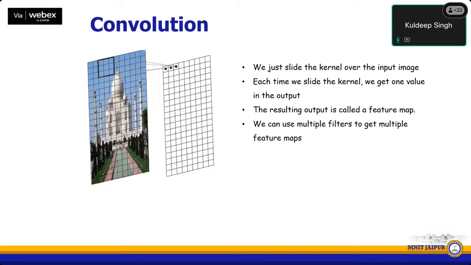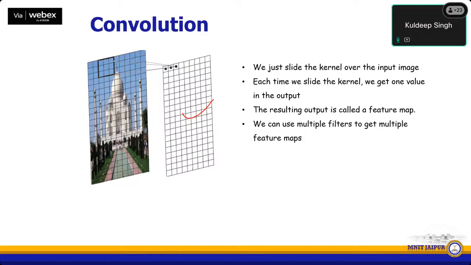The resulting output here, this matrix, is basically the feature map. So basically what is going on here is we are applying some kind of filter on the image, and this filter is responsible for extracting important information from this image, and this important information is nothing but a feature from the image. That's why we are calling it a feature map.